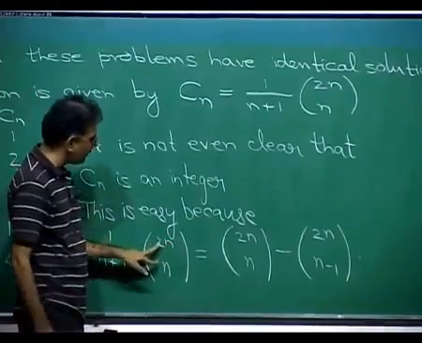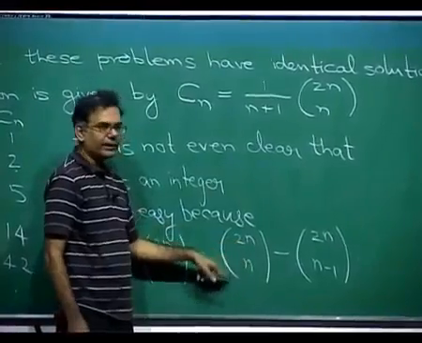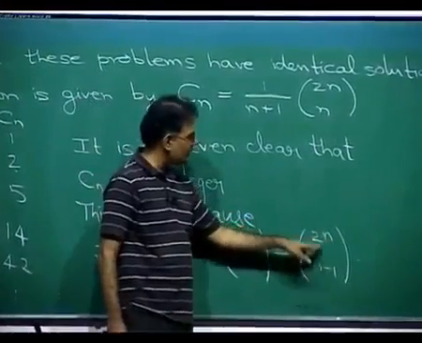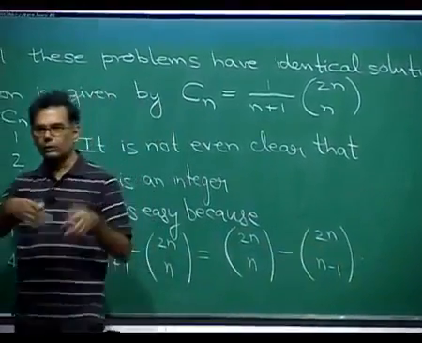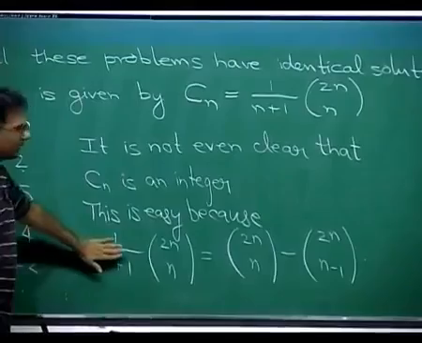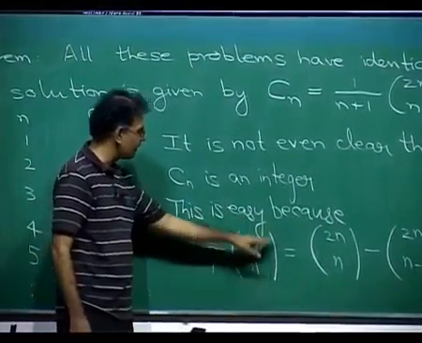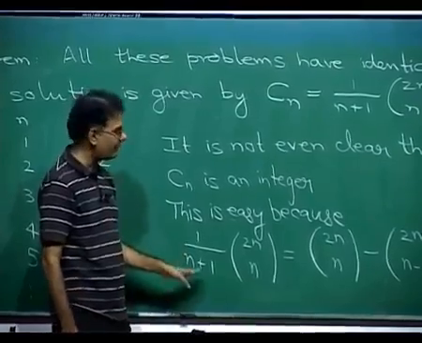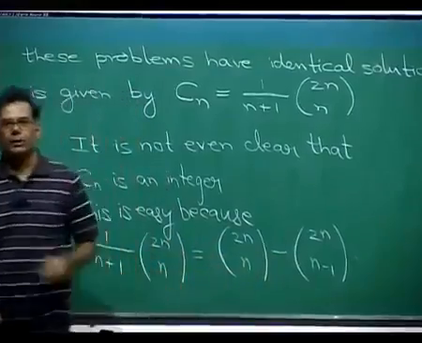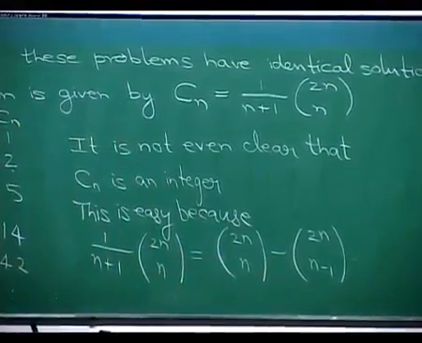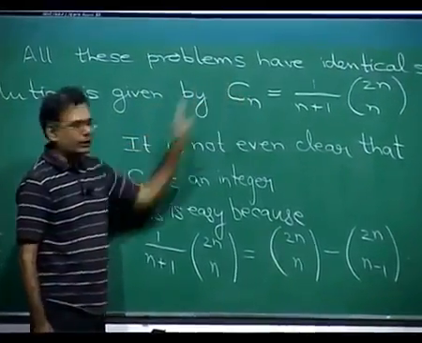If you just use the formula for what n choose k means, 2n choose n is 2n factorial over n factorial squared. 2n choose n minus 1 is 2n factorial over n minus 1 factorial times n plus 1 factorial. Then pull out common factors, simplify, and you will exactly get this side. This is easy to see, and therefore it shows that this number, which at first is not clear to be an integer, is the difference of two binomial coefficients, both of which are integers, so it is also an integer. Okay, so that's fine. So it's an integer, that's good.